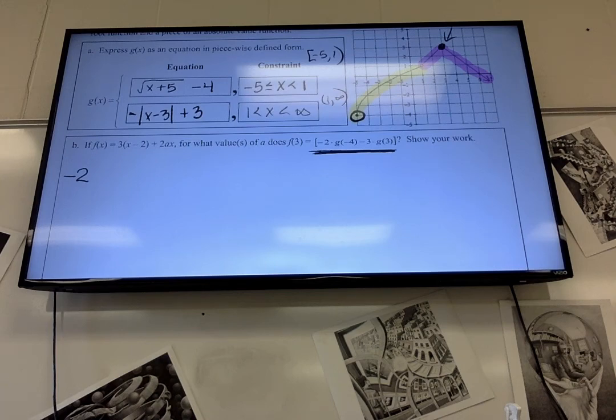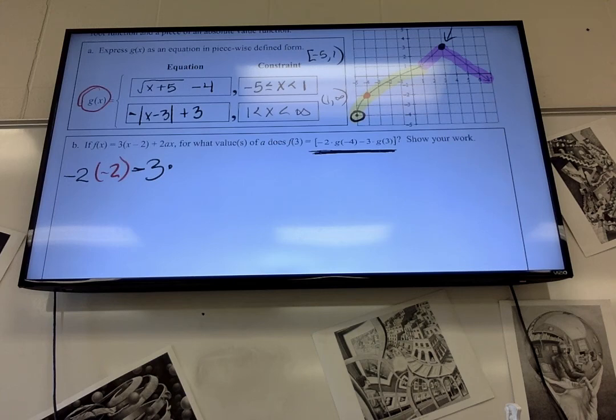So I look at my graph. G of x is just this picture. G of negative 4 corresponds to that point right there. So that's negative 2. Then minus 3 times g of 3.